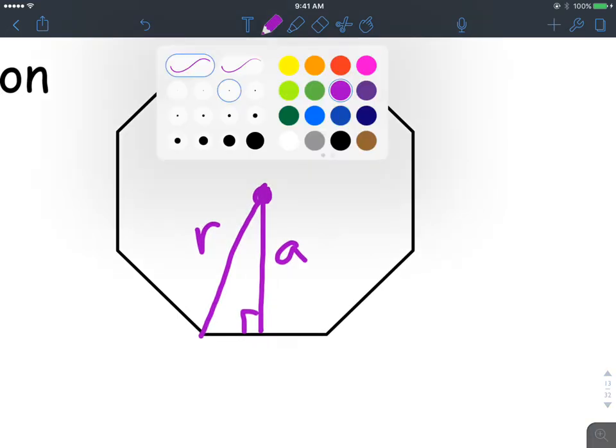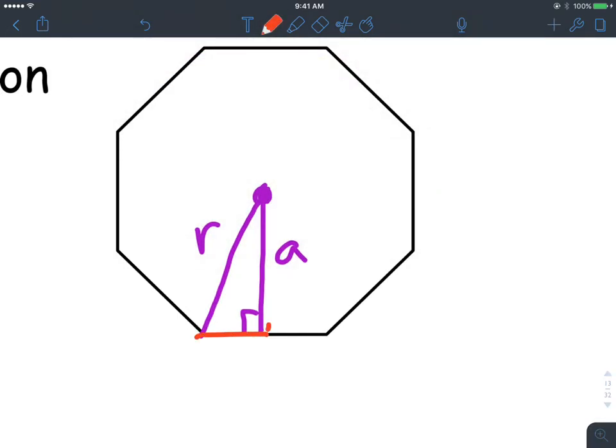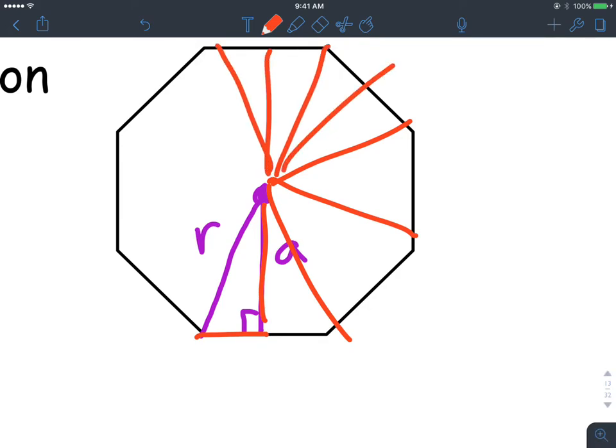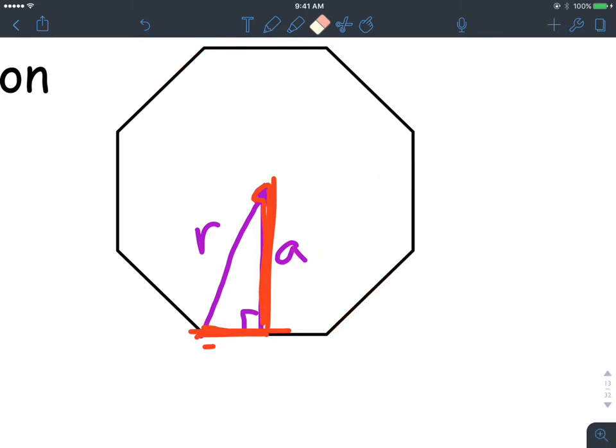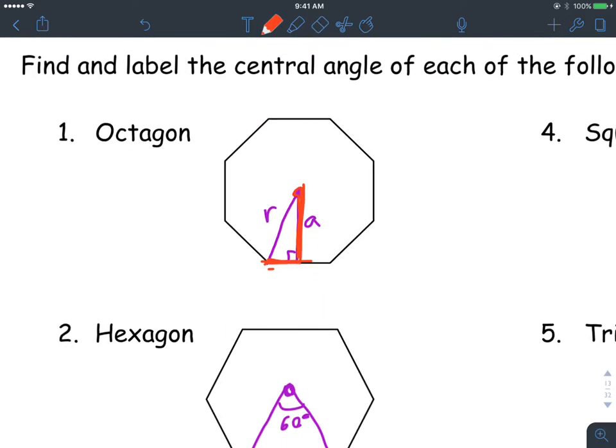All right, and where this comes from is essentially what you want to do here. Let's take this octagon, for example. You want to find the area of one of these triangles here. We know the area of a triangle is 1/2 base times height. So you're going to do that a bunch of different times, so you're going to have a ton of these little triangles. And instead of saying one base at a time, if we multiply by the entire perimeter and then times the height, or the apothem right there, and then we do 1/2 of that, we can actually find the area all at once instead of doing a bunch of individual triangles.